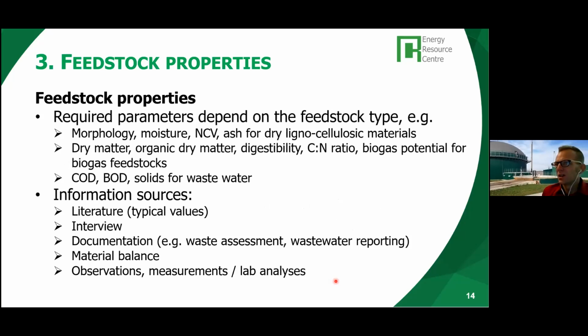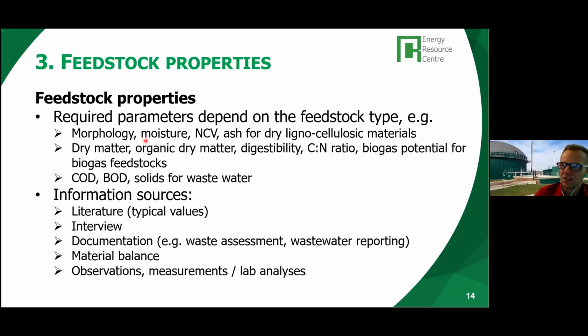Then the properties of biomass feedstocks. The parameters that you need to know depend very much on the type of feedstock. For dry lignocellulosic materials, for example, it's important to know the caloric value, of course, moisture content, ash, and morphology.